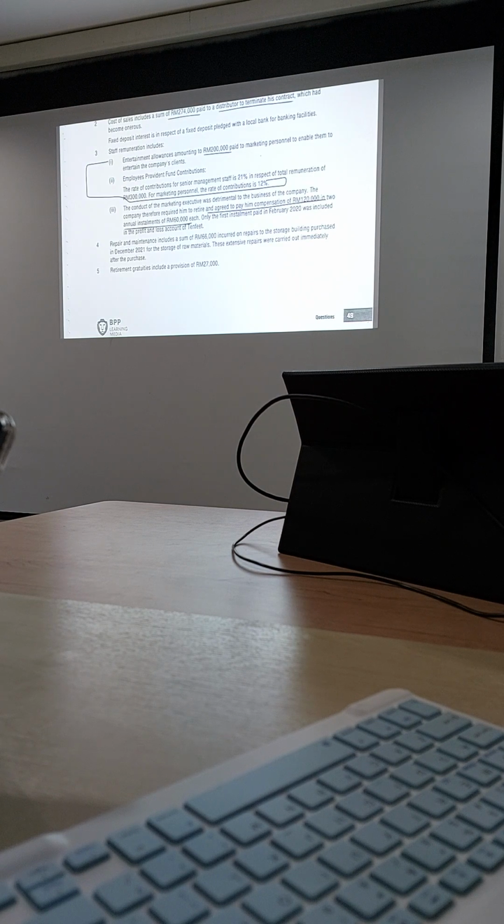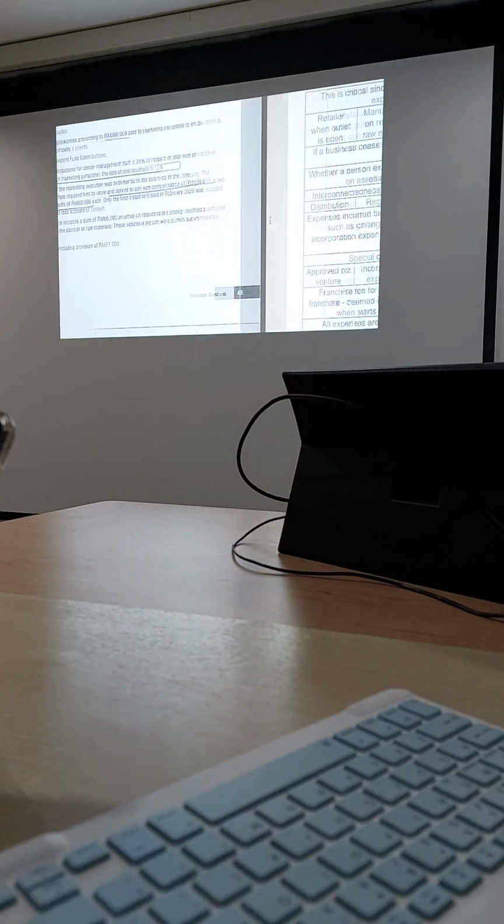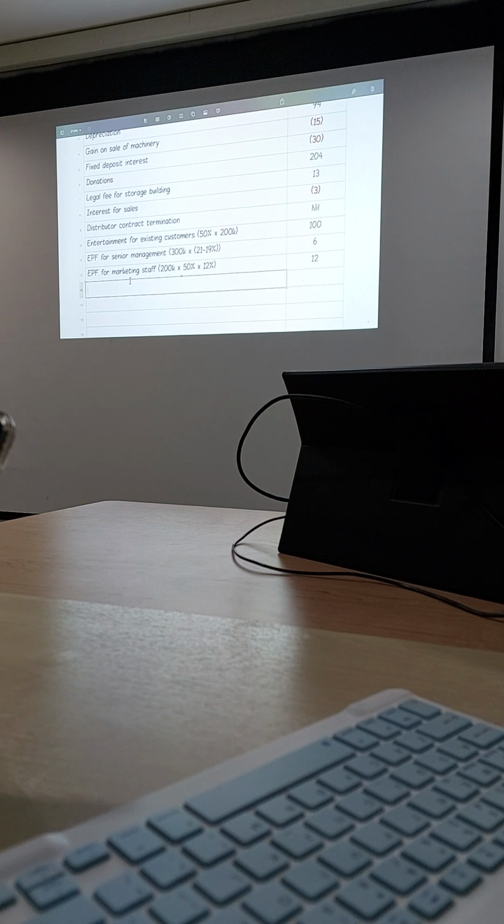So compensation, balance of amount claimed. Okay, remember? So in this case, the 60k is going to be part of the... so paid 60k out of 120k.